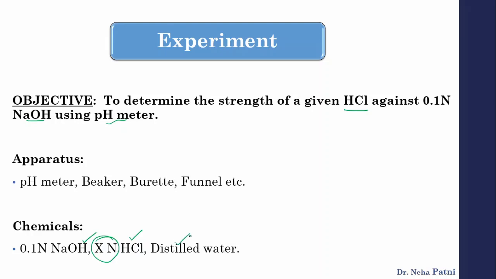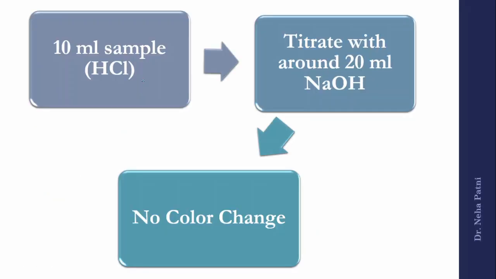And we are going to use distilled water. The apparatus would be the pH meter specially, and the rest of the apparatus you know. So what are you going to do? Obviously you are going to titrate this HCl versus NaOH. You have to pipette out 10 ml of the HCl because you need to know the normality of HCl.